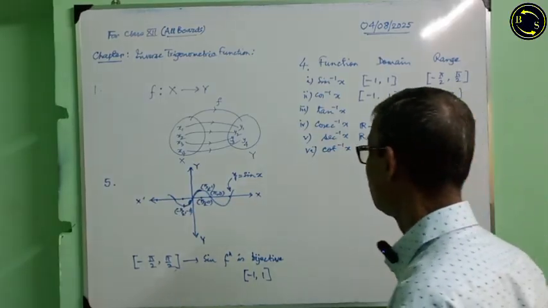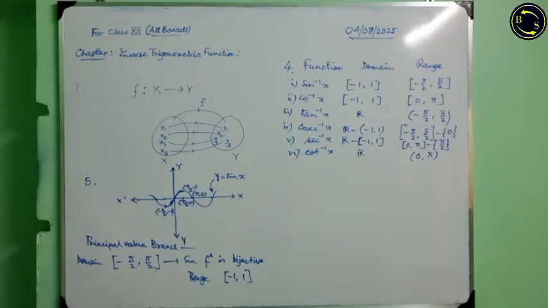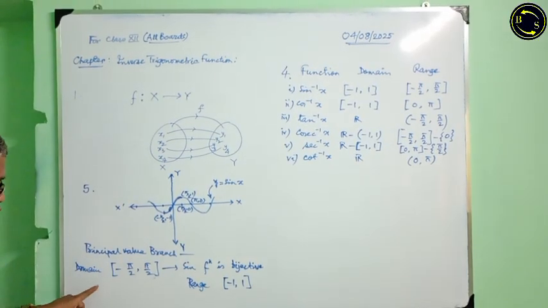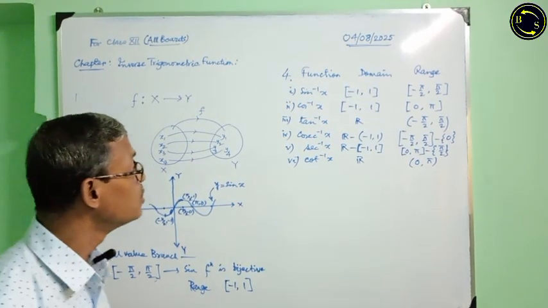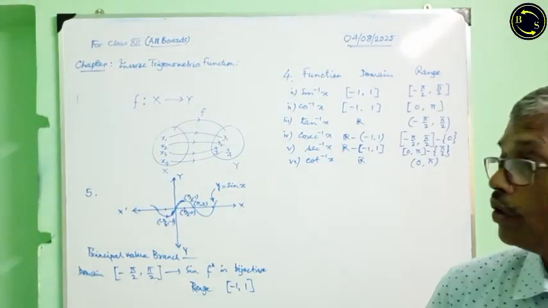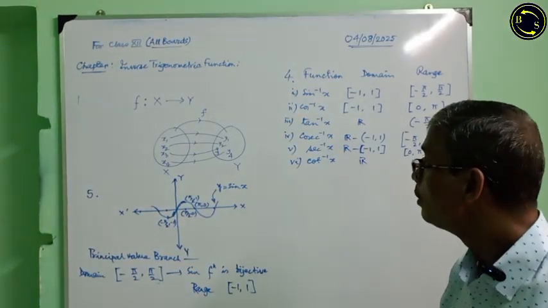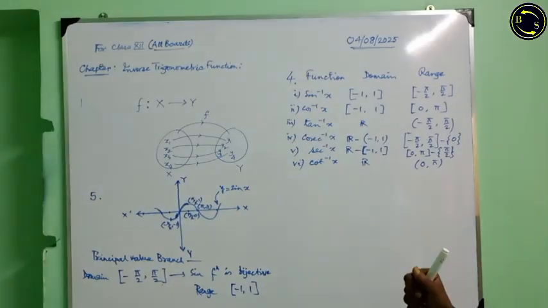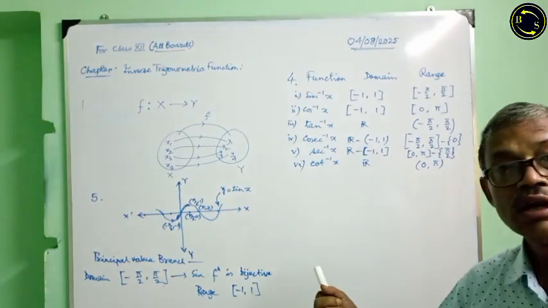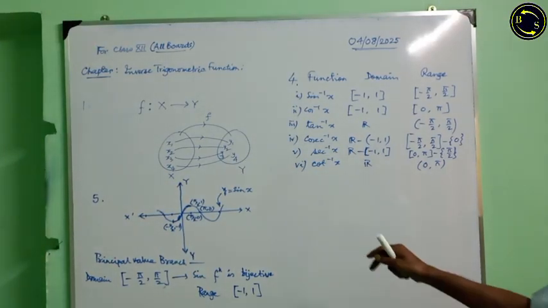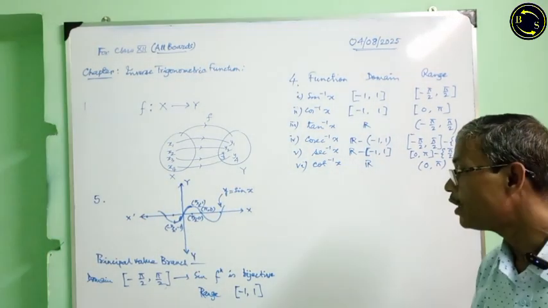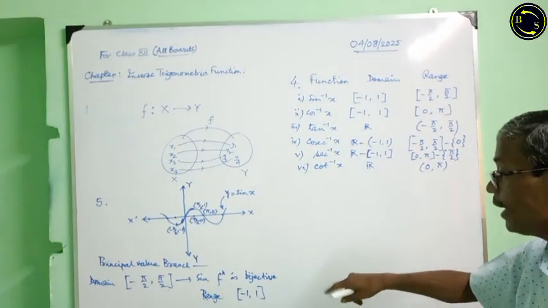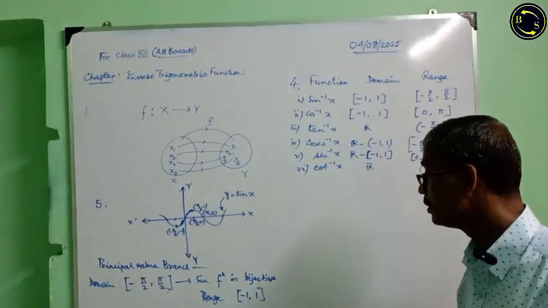Next one, here I have mentioned principal value. For the principal value branch, domain is this and range is this one. Now you can read yourself from your textbook the principal value branch. For each of these inverse trigonometric functions, the domain is already written in this chart, and the range.